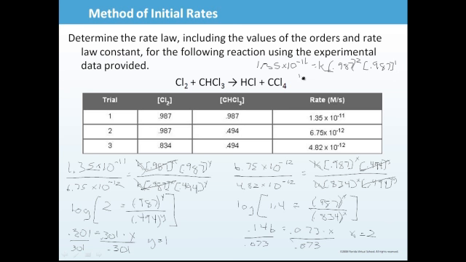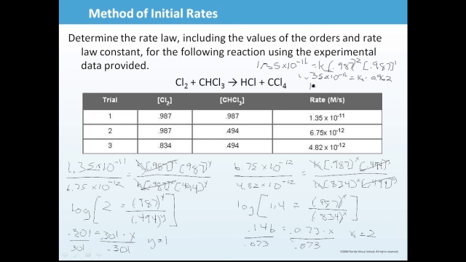Okay, so on the left side we still have the 1.35 times 10 to the negative 11. On the right side we've got K, and then if we take 0.987 and square that and then multiply it by 0.987, we have K being multiplied by 0.962.